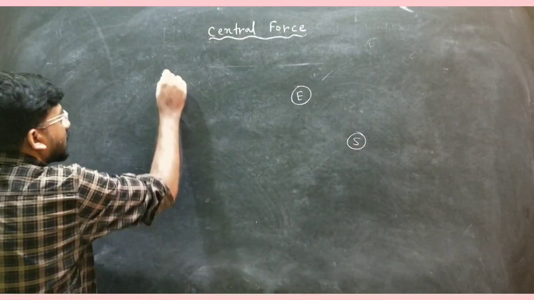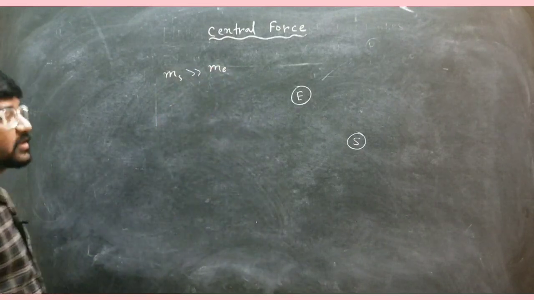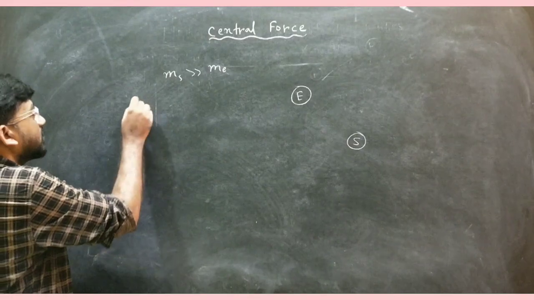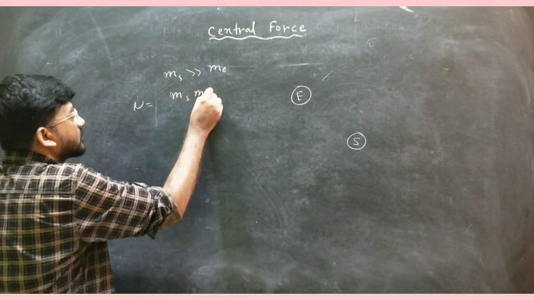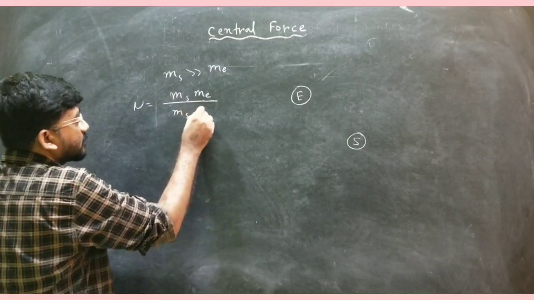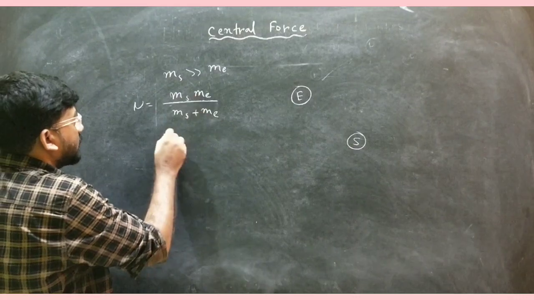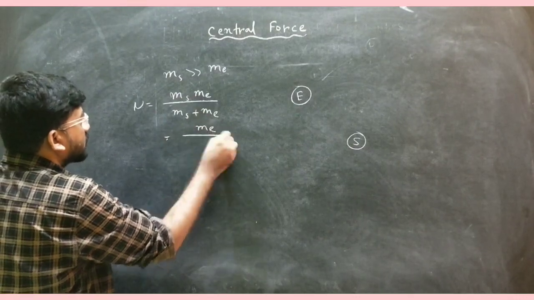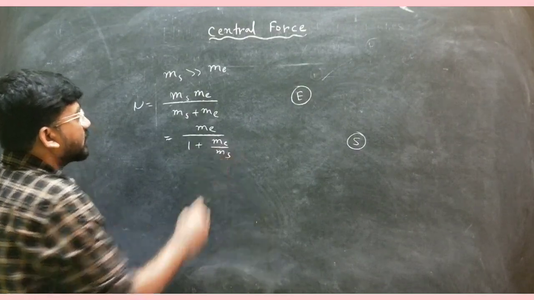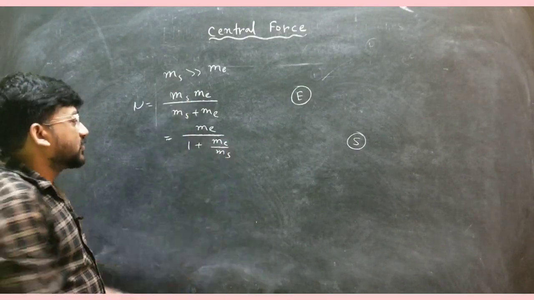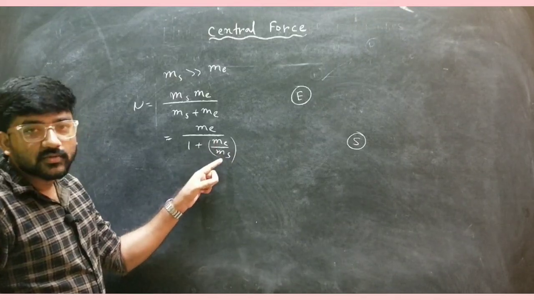Let us take the sun has mass ms, which is very much greater than the mass of earth. Now you can see one interesting point: what will be mu in that case? So mu will be just ms into me divided by ms plus me. Now if you divide by ms, we will get me divided by 1 plus me divided by ms. And as ms is very much greater than me, you can neglect this term, because me by ms will tend to 0.